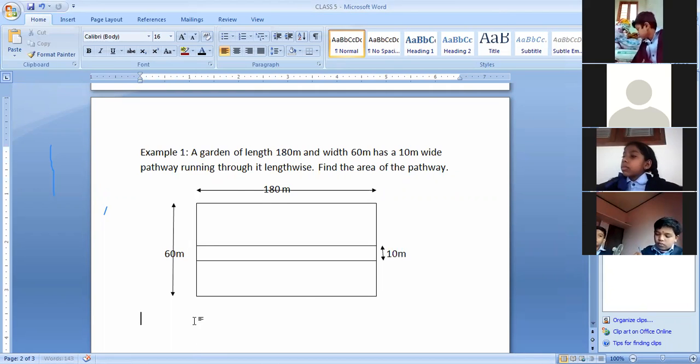Read the question and tell me. Length of the garden is given in the question, right? What is the length of the garden? 180 meter. And is there anything related to the garden?